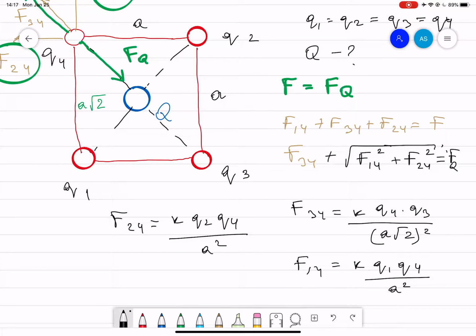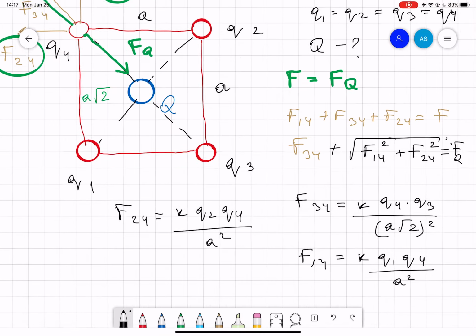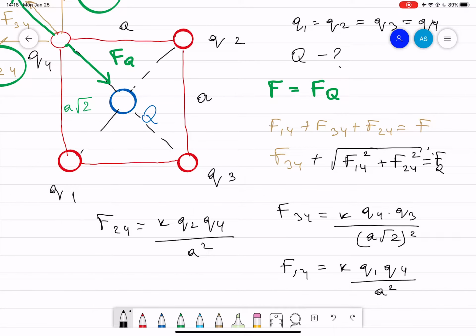Now you have to take three of those forces and put them on the left side, and then we have F_Q. F_Q is equal to k Q4 times capital Q divided by that distance squared. So we have to find that distance.